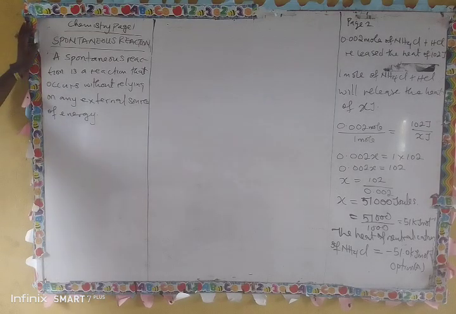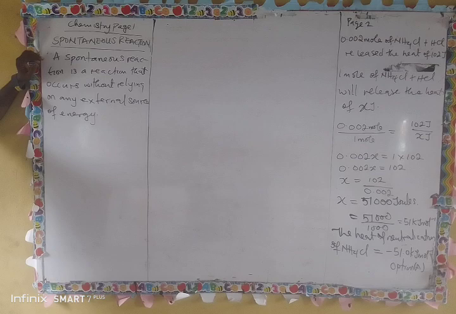A reaction that occurs without relying on any external source of energy is called a spontaneous reaction. Now let me tell you something. We have said before that exothermic reactions are spontaneous. Why? Because their activation energy is very low.